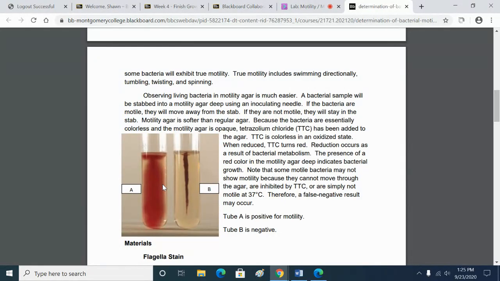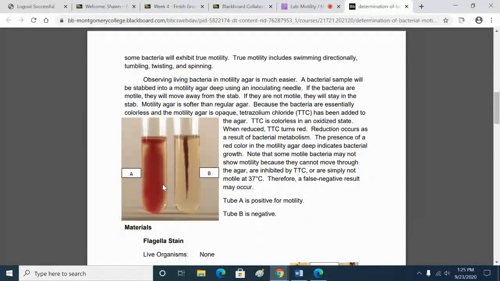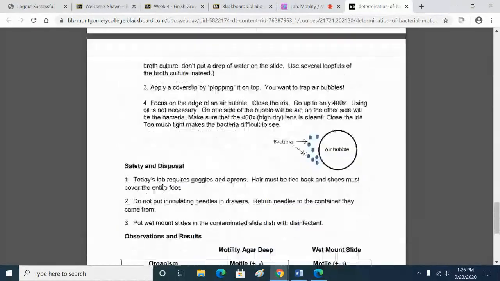Because it's clustered together. Or if, as you're working with the organism from the agar slant, you notice that it's very sticky and clumpy, again, it's probably not going to be motile, right? So there are some clues that you can use to make predictions about whether or not your organism is going to be motile. So we'll go over the results in the results table here.